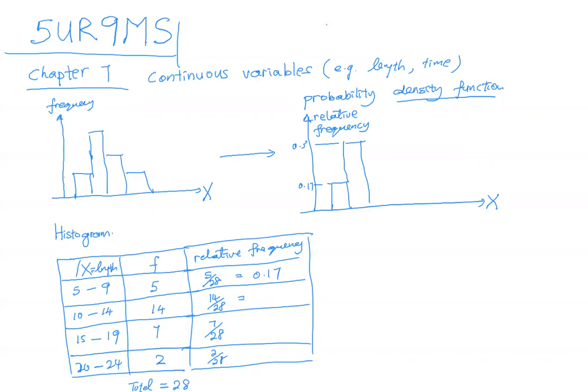Then after that, I plot another one. This is 7/28. Just use a calculator. Okay, 0.25. So it's somewhere here. Then 2/28 is 0.071.